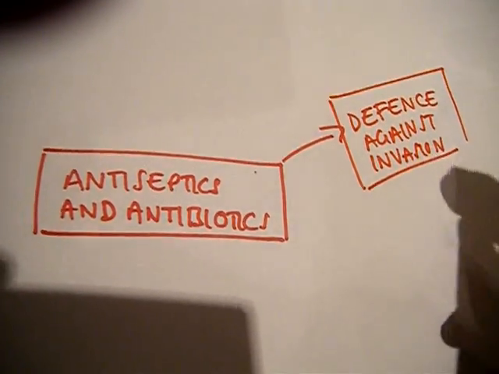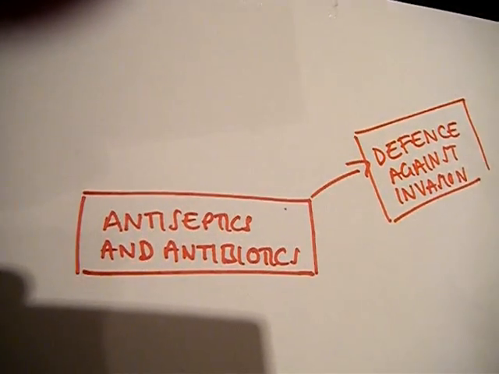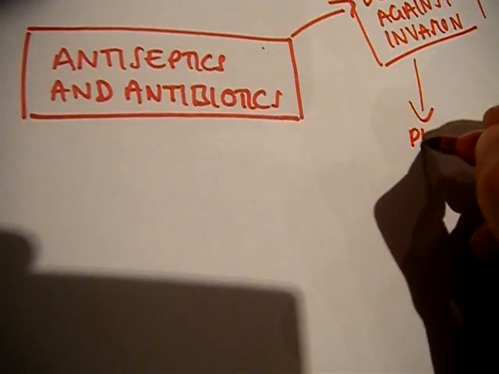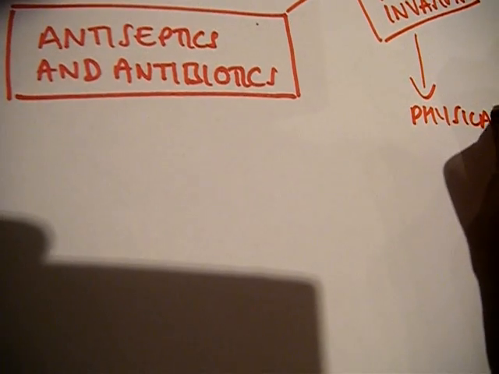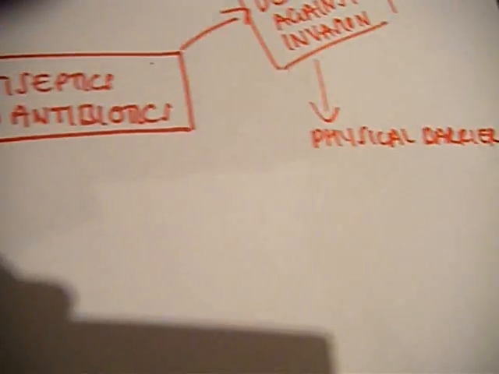So, in our bodies we have physical barriers that stop things getting in. The major physical barrier, write this down, that we have in our bodies is our skin.